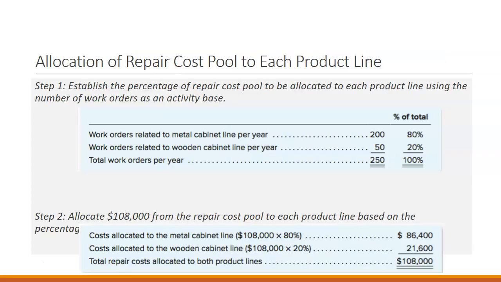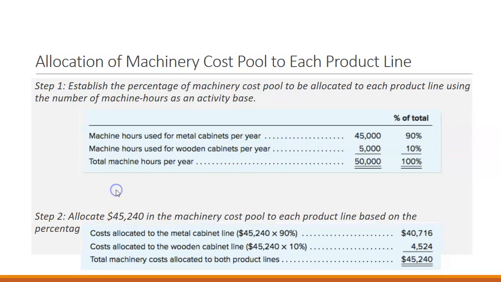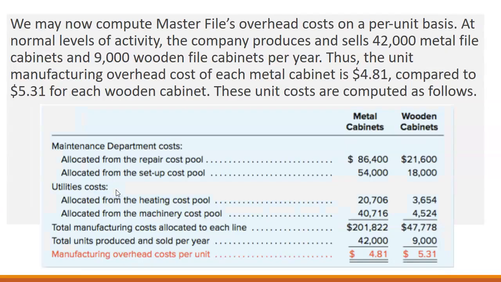So let's look at how that applies to our overhead. So if we put that into a table here, what we just saw in the chart, see that we have overhead cost per unit for metal cabinets of $4.81 and wooden cabinets of $5.31.